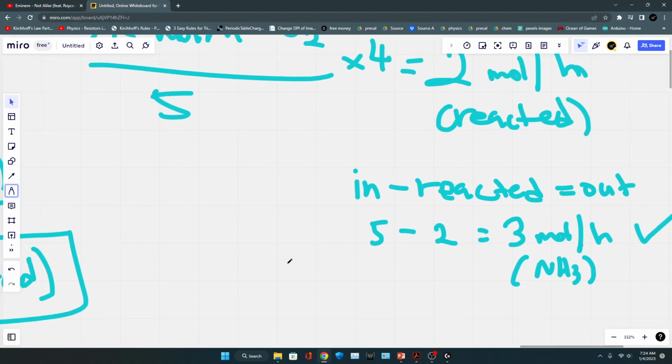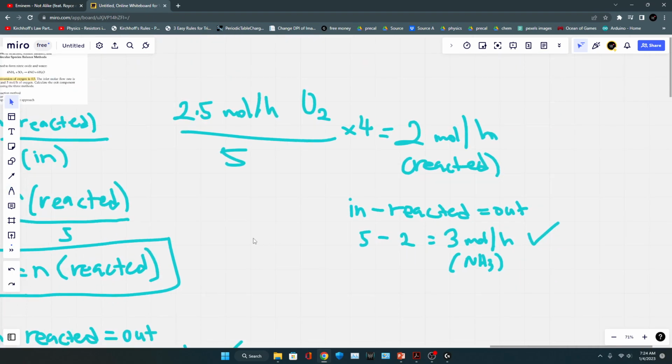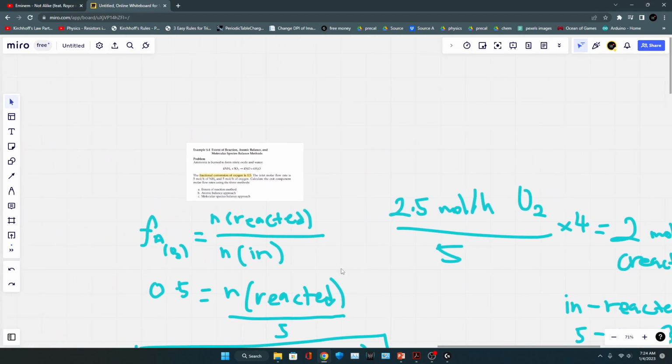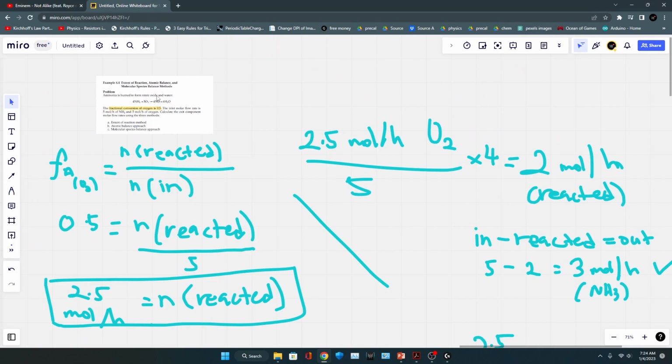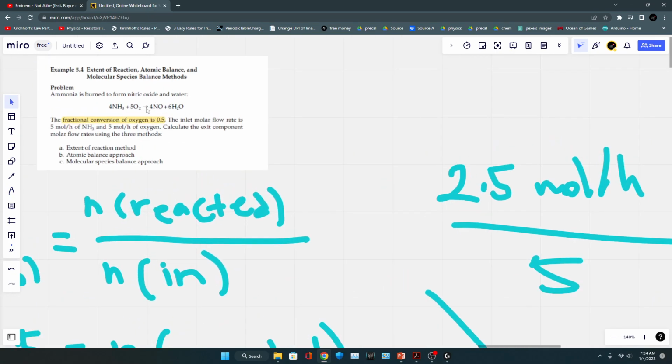And then we shall apply the same thing to nitrogen monoxide and water. So we just take the same data, which is 2.5. 2.5 is the amount of oxygen that has reacted with ammonia just now. So 2.5 divided by 5, and then multiplied by 4, because we want to find the number of moles of nitrogen monoxide.